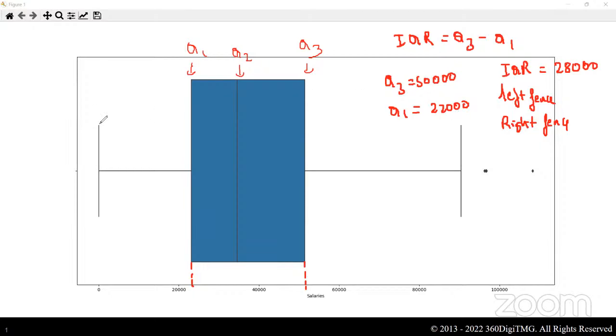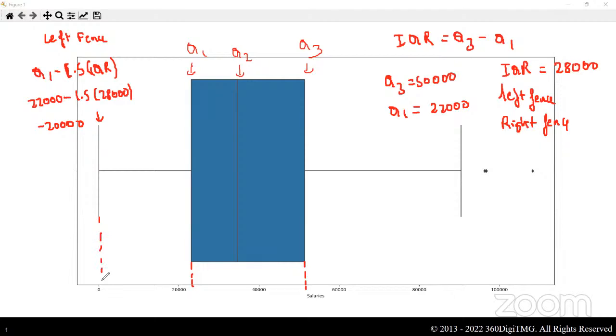How is the left fence calculated? We take Q1 minus 1.5 times the IQR. So 22,000 minus 1.5 times 28,000. This comes out to nearly minus 20,000. In terms of salary, minus 20,000 doesn't make any sense. So we are stopping at 0.